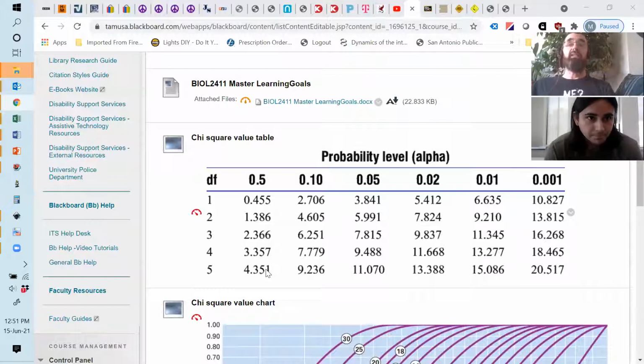Correct. Typically, I'll give you the cross that we're doing, and I'll give you the observed data, and then I'll ask you, is there a significant difference between what you expected and what you observed? That's a pretty standard question for this kind of stuff. So you'll have to work out the chi-squared value and degrees of freedom, and then use one of these tables to figure out what the p-value is.